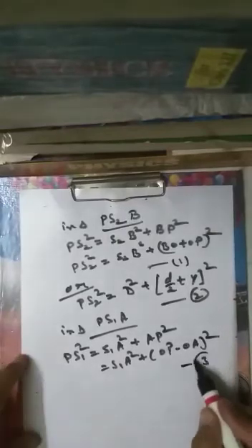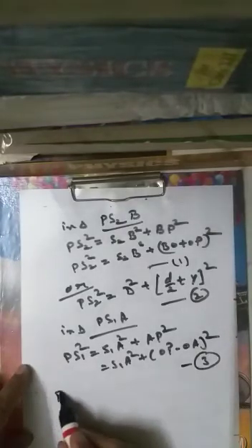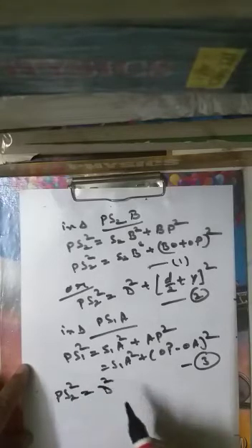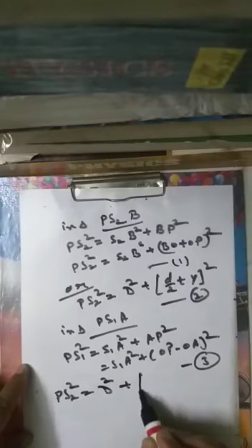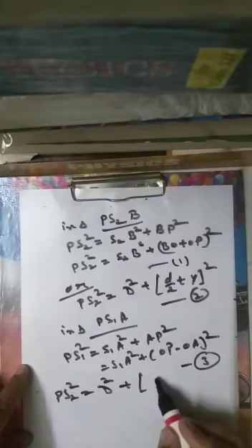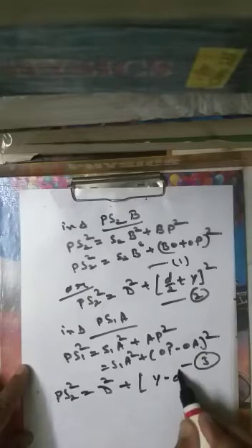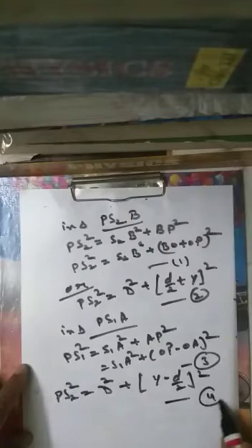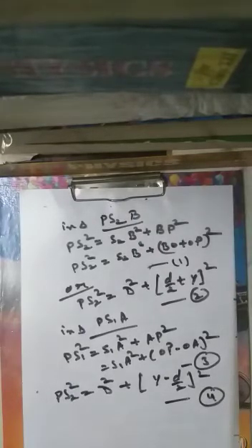Equation number 3. Now we put the values: PS1 square is equal to D square plus y minus d by 2, whole square. This is equation number 4.